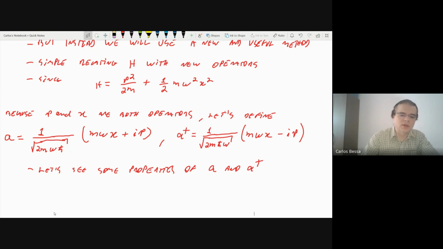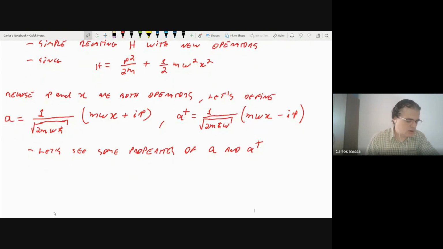We can use the canonical commutation relation, the commutator of A and A dagger, using this definition here. We can see that these are just numbers like 2m omega h bar, none of them are operators. The operators here are only x and p.